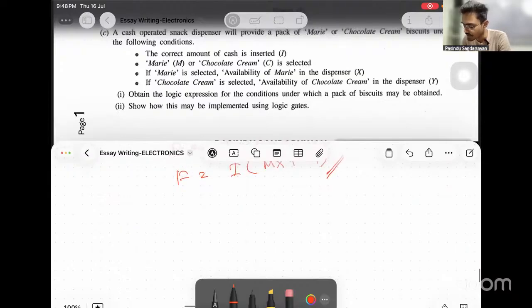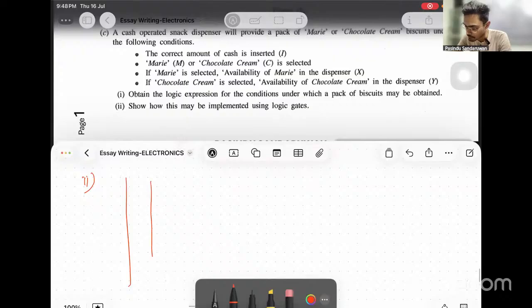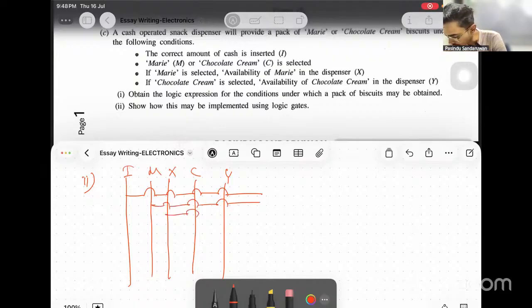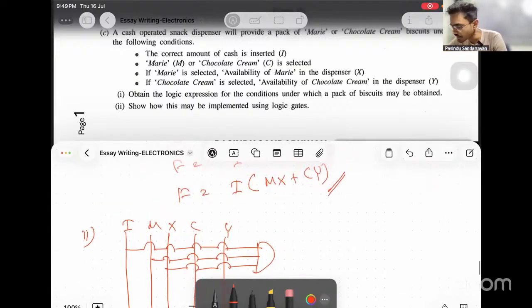So first I need IMX. I is here. Take M from here. Take X from here. And this is IMX. And the other one is ICY. IMX and ICY.